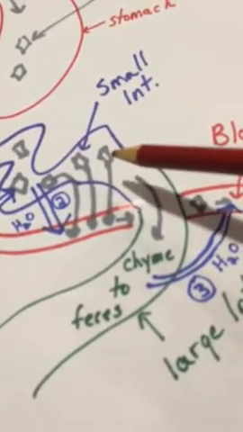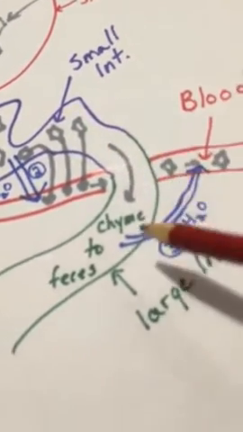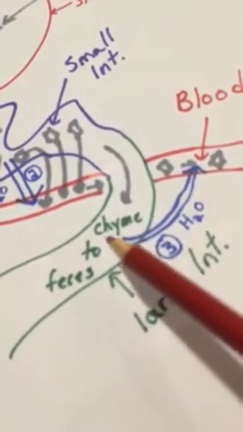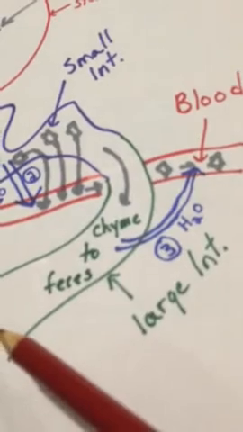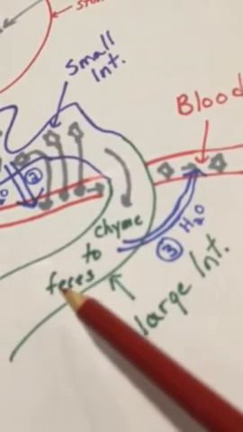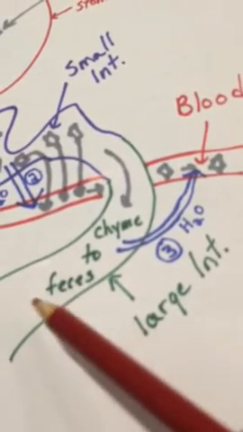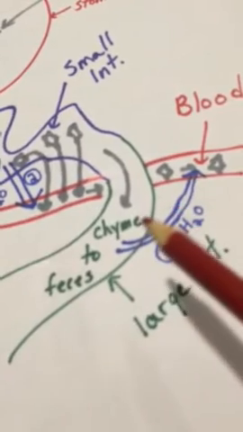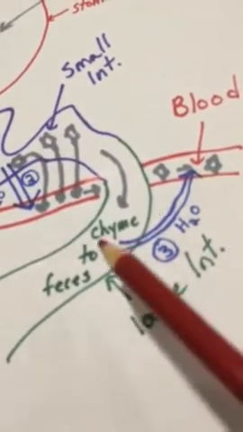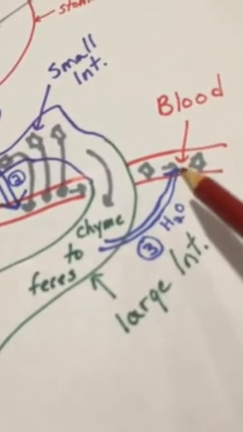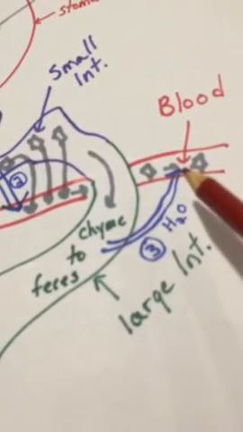Now, the material in the small intestine is ultimately going to enter the large intestine. That material is called chyme, and the main objective in the large intestine is to convert the chyme to feces for elimination from the body. So what will happen is we will have more absorption of water from the large intestine into the bloodstream, again following the salt.